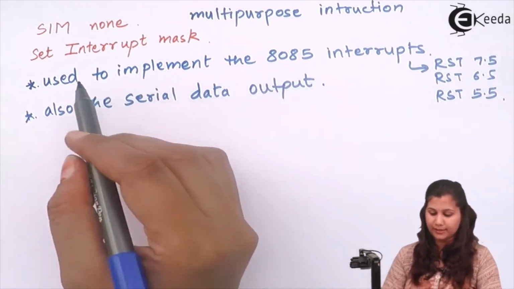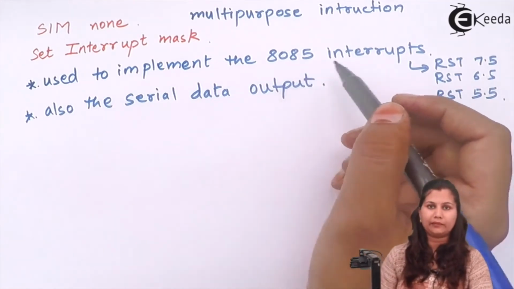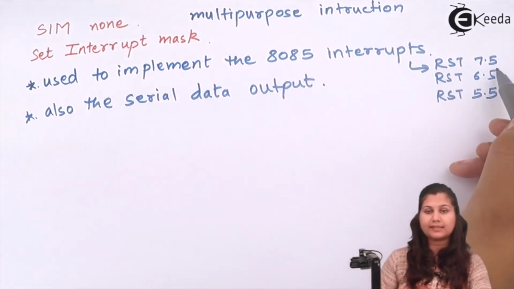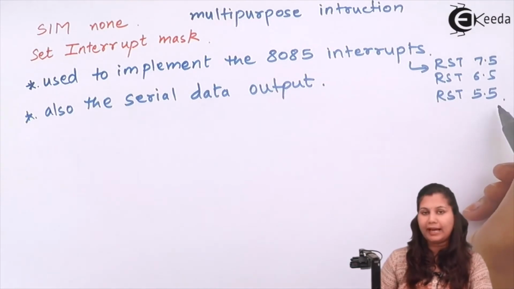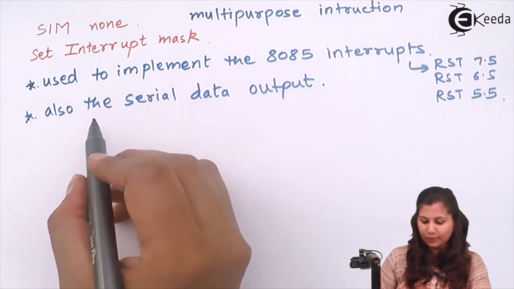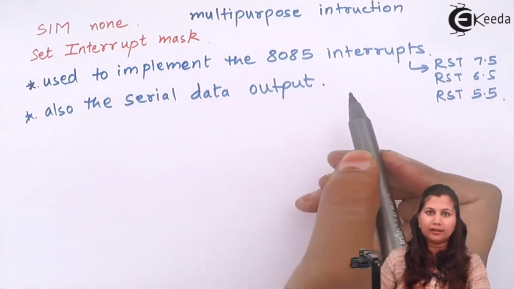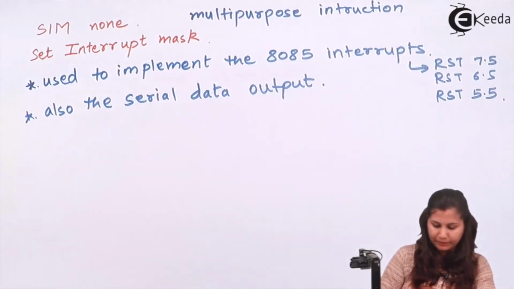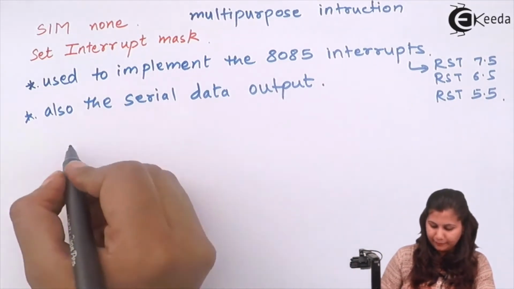This instruction is used to implement the 8085 interrupts. The three interrupts are RST 7.5, 6.5 and 5.5, and it is also used for the serial data output. Now how the 8 bits are defined, let's see.